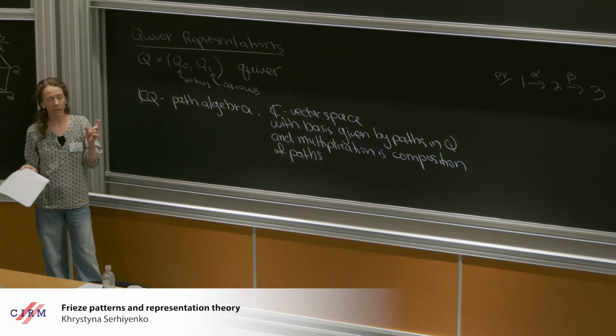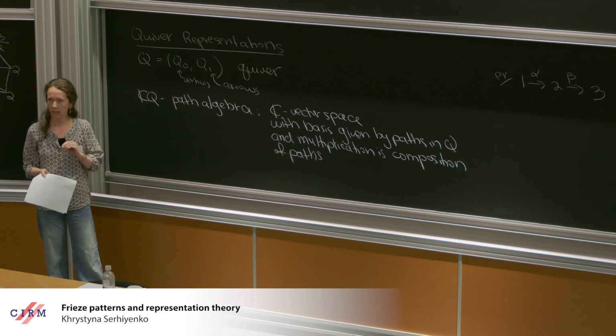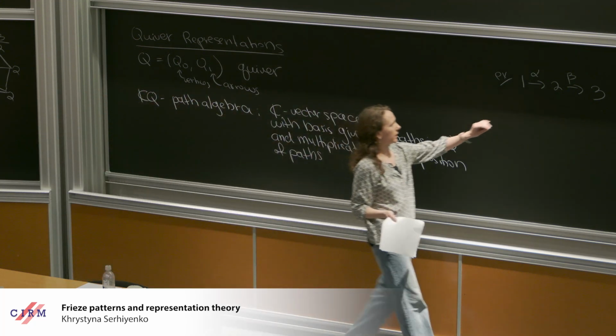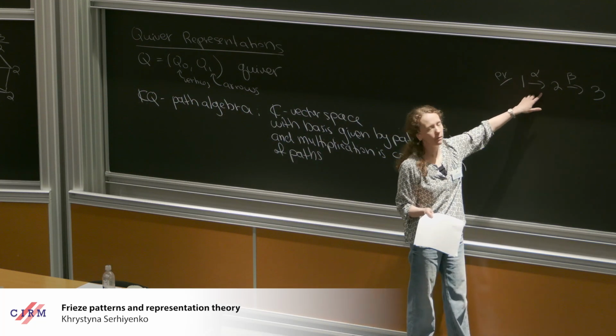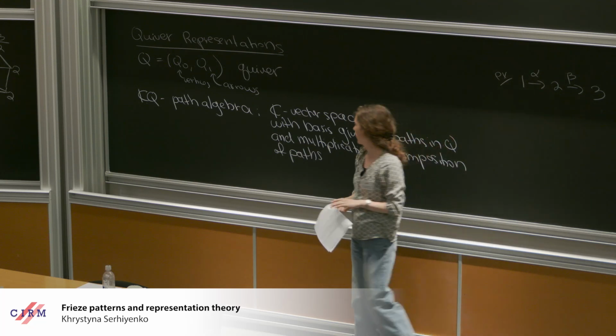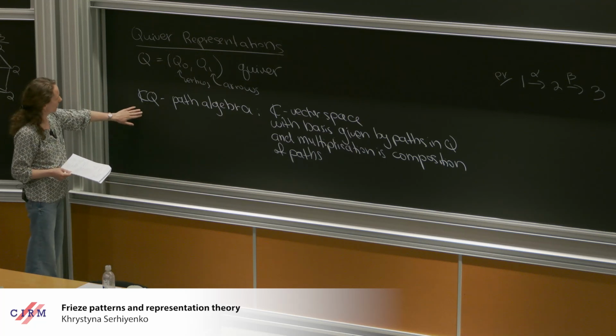Okay, so if I can multiply the paths together and get a new path, then go ahead and do it. Otherwise, if multiplication does not make sense, so for example, if I do beta and then alpha, this is no good. This is not a path in my quiver, so I just let it be 0. Okay, so we're not concerned with this as much.